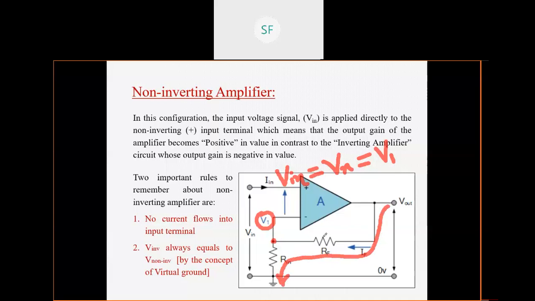Then it is forming a voltage divider network. What do you mean by voltage divider? That this total V out, from here to here, is nothing but V out. This total voltage is getting dropped across RF and R in. It means this voltage is getting divided between RF and R in. So it is called a voltage divider network. I will just rearrange this particular network and we will see how it happens.